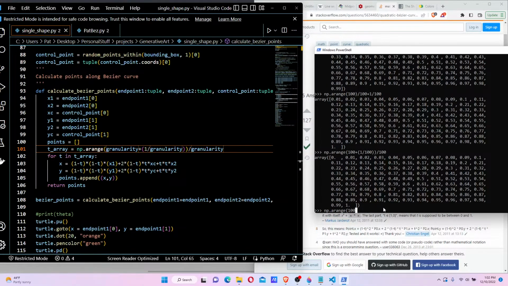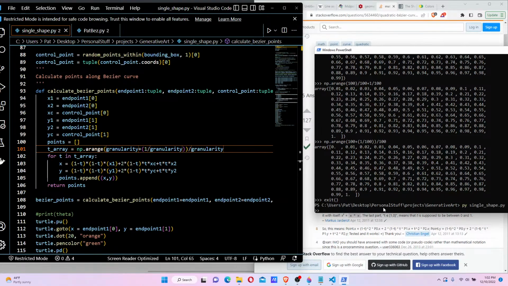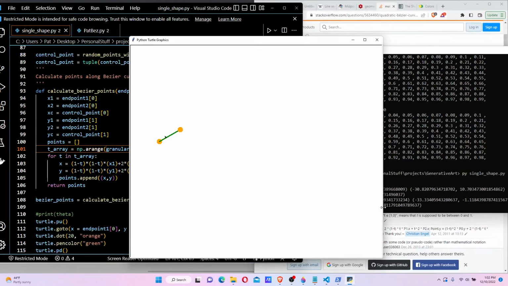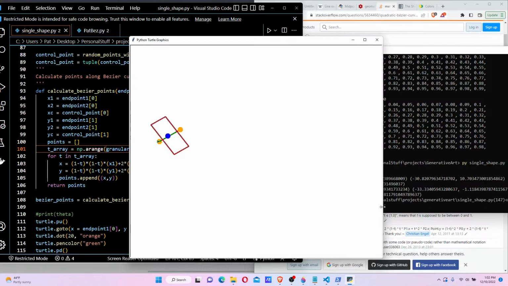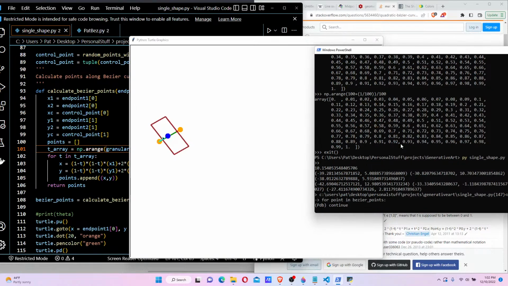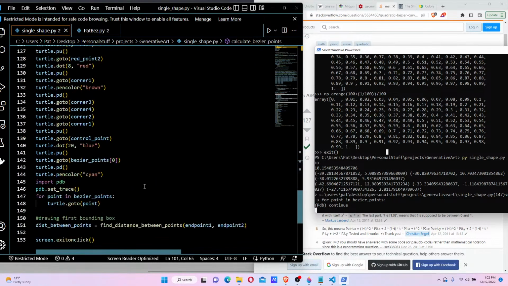Okay. So if we exit, try to run that thing again. Nice. Okay, so let's take out that debugger line.